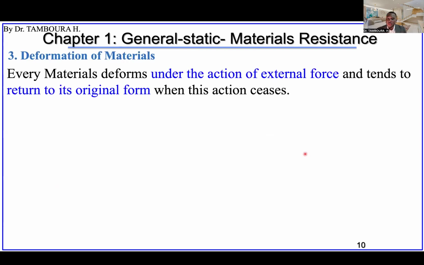Every material you take, no matter what kind, wood or concrete or steel, under the action of external force, will tend to deform. And after the force stops acting, the material tends to return to its original form, original position.